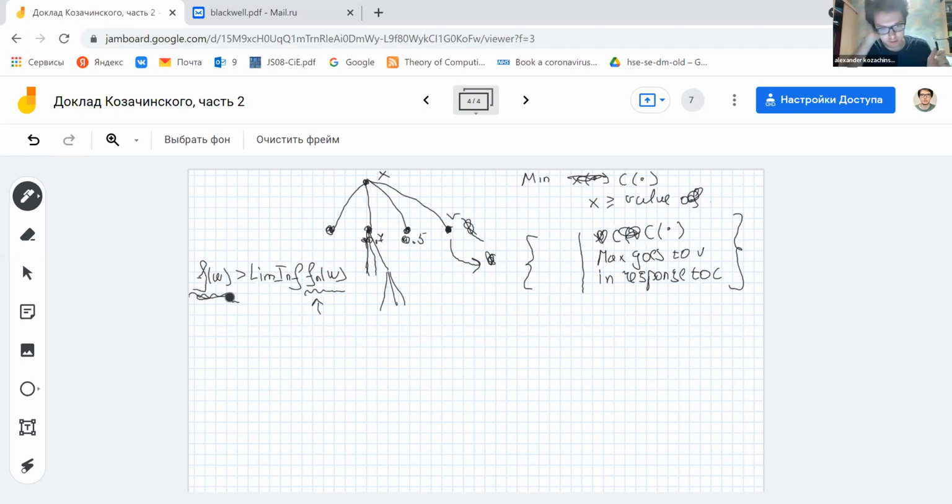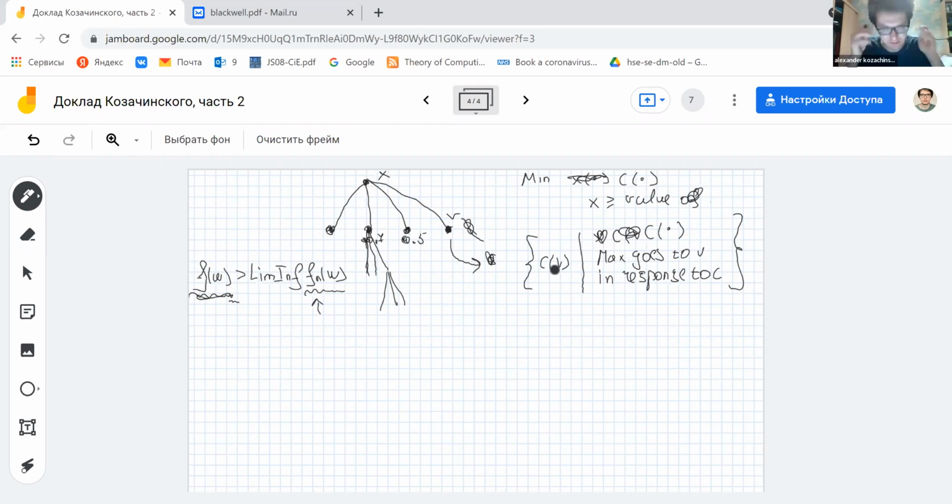The idea is that to assign something to a child V, we should consider all moves of min in response to which max goes to V. We consider the values C of V on these.